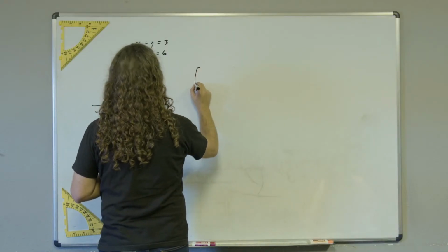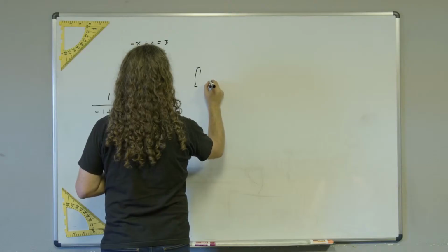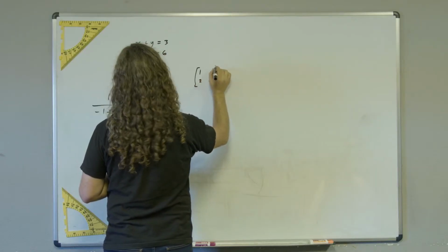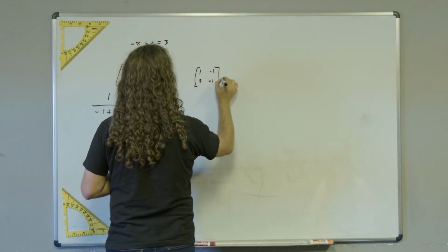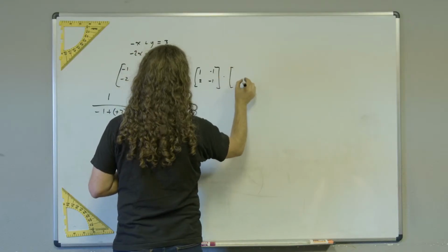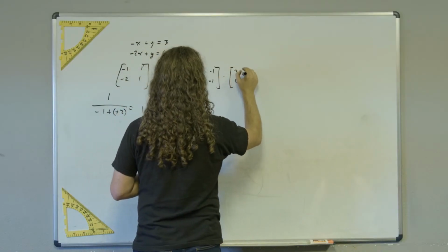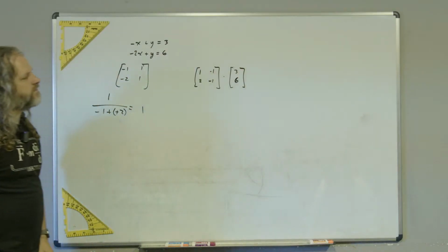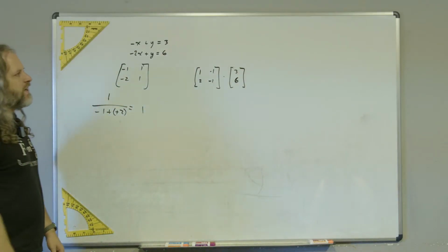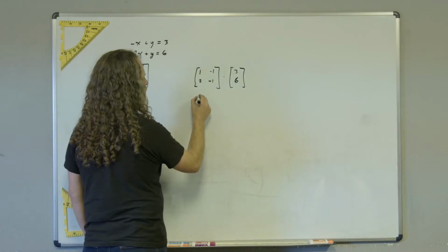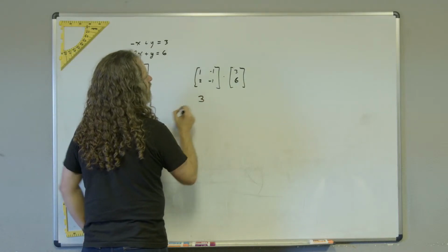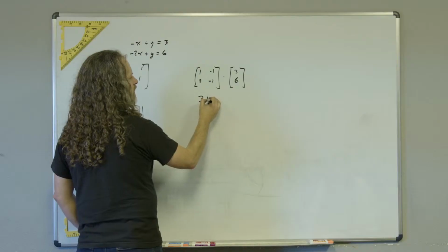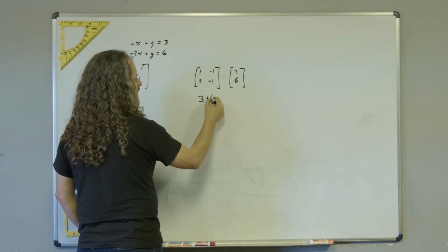So the twisted up matrix is 1 here, -1 here, and 2 here, and -1 here. And then multiply that times the matrix 3, 6. Pick up sticks. 1 times 3 is 3. -1 times 6 is -6.